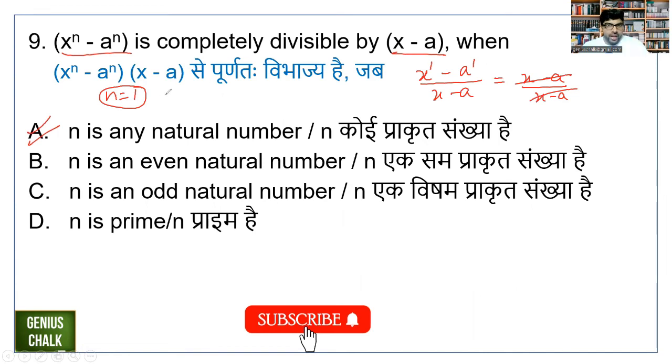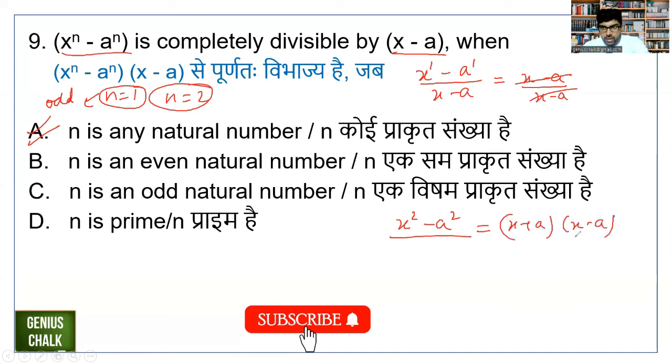So if you take n as 2 now, because there are two conditions, whether n can be odd or n can be even. So let's take now even. So x square minus a square. If you know a square minus b square, it is a plus b and a minus b. So this is divisible by x minus a also, you see. So whether you take an odd, whether you take an even, this is cancelable because this is x minus a.